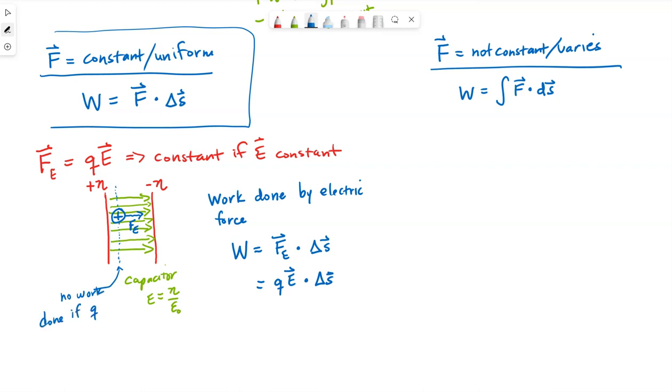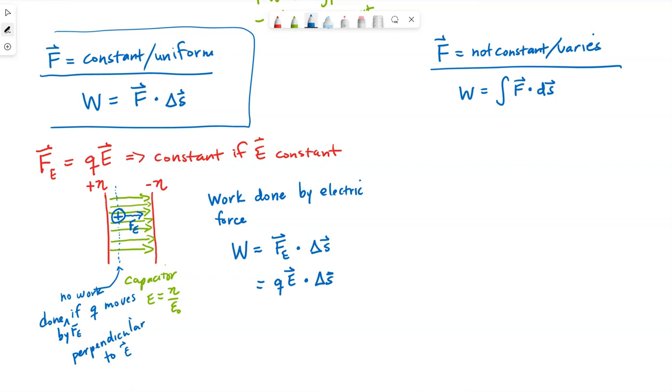If we could somehow physically move this proton, no work would be done by the electric force if the charge moves perpendicular to the electric field. And that's the nature of the dot product. The dot product is only accounting for the vectors that are parallel to each other.